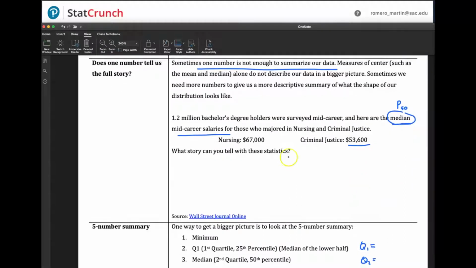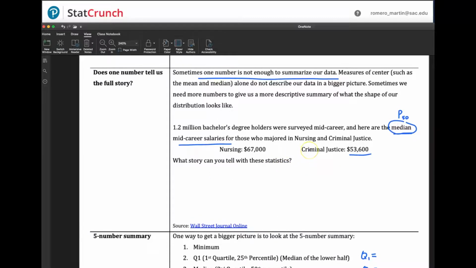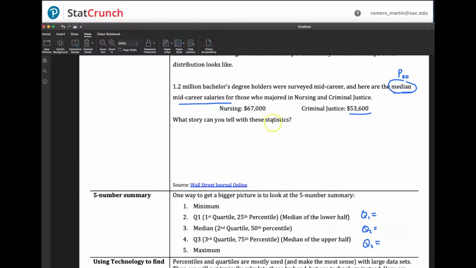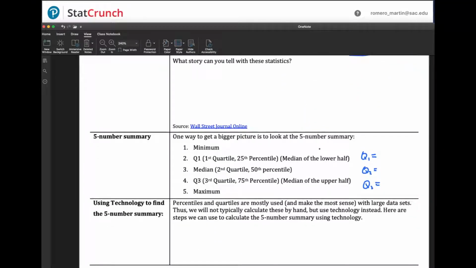Half of nursing majors make less than 67,000, and half of criminal justice majors make less than 53,600, right? You can imagine what story is being told by that data. We need some more information other than those two values, but at least we now know what half is: half make more than this and half make less than this.